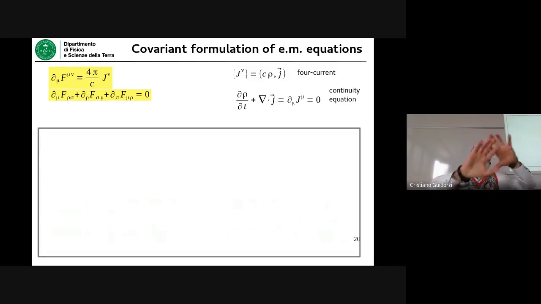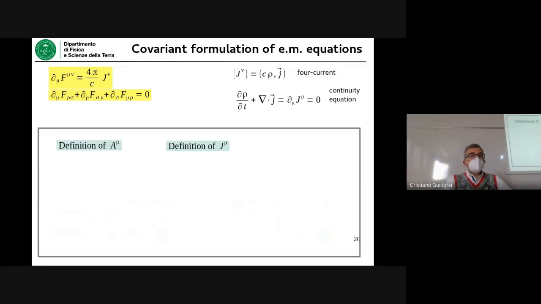So let's summarize what we've come up with. Having given the definition of four-current, once you know charge densities and current densities, you can choose between two possible ways.